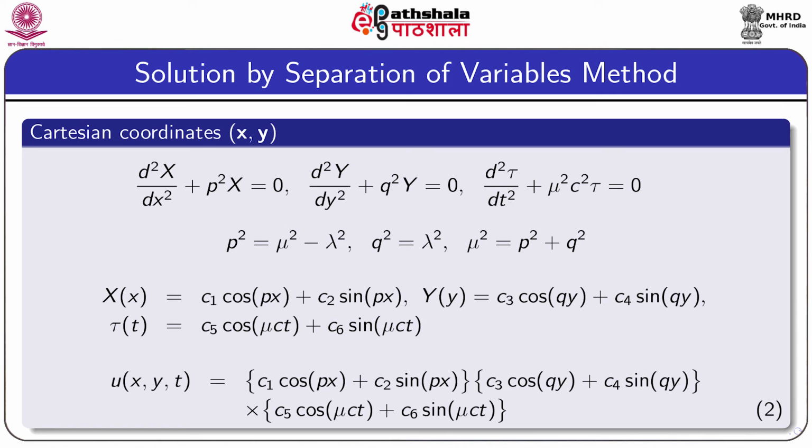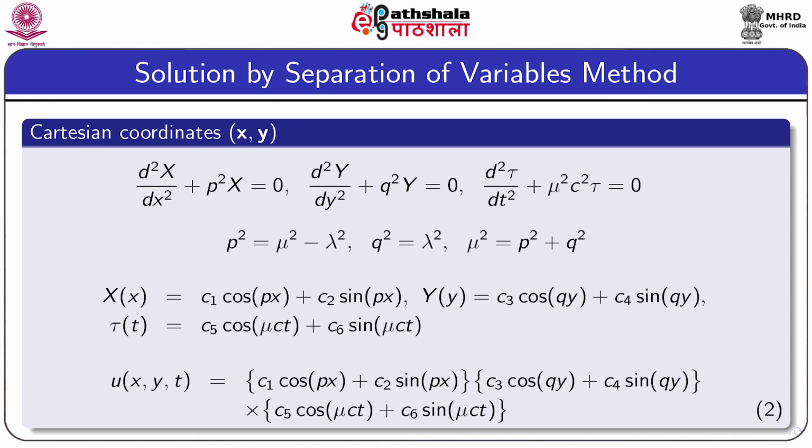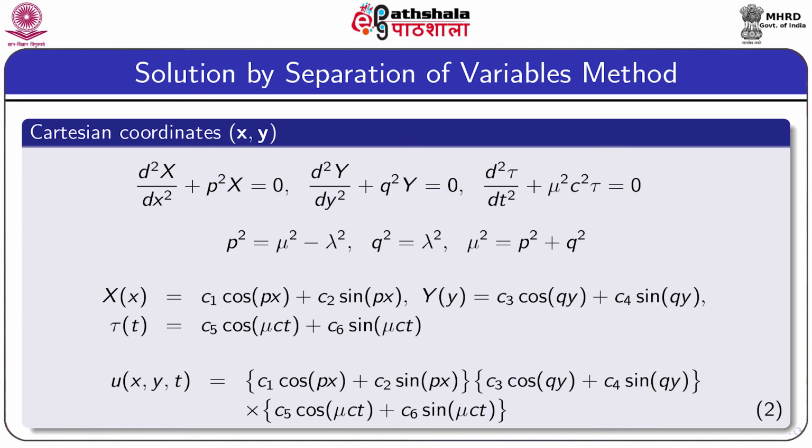Thus, the equations for capital X and capital Y become d2X dx square plus p square X equals 0 and d2Y dy square plus q square Y equals 0, where p square equals mu square minus lambda square and q square equals lambda square, and the constant mu square is equal to p square plus q square.